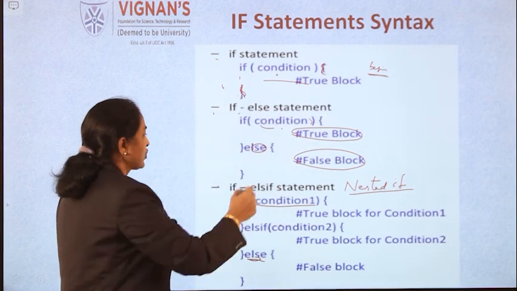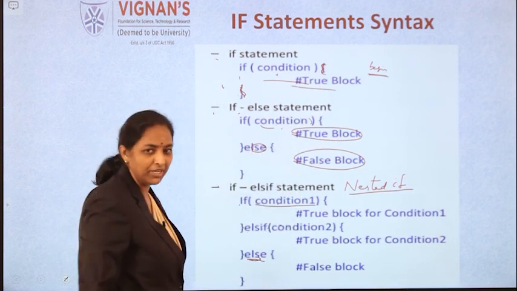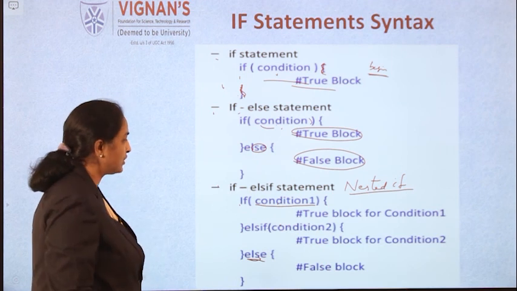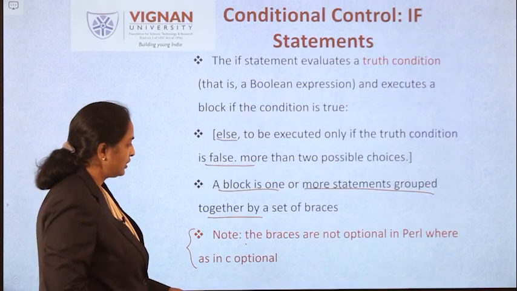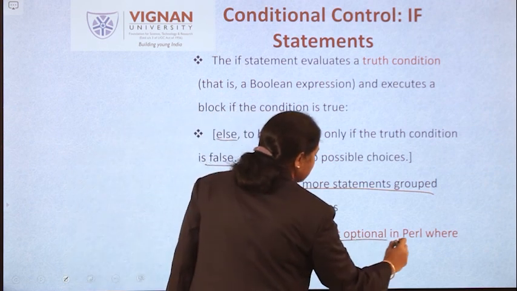In C, if you have a single statement, there is no need to write braces. But here that is not the case. Here the point is that braces are not optional.